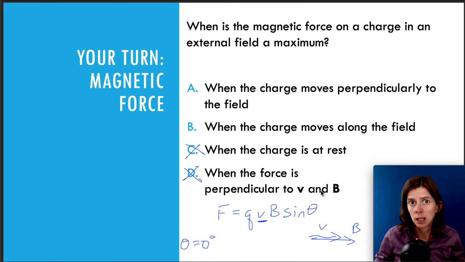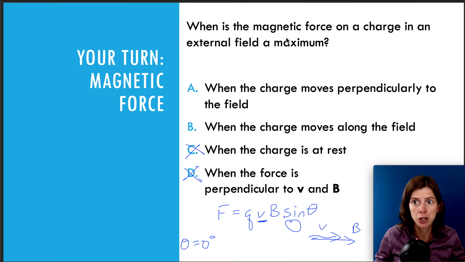What is sine of 0? Sine of 0 is 0. So if V is parallel to B, then this whole thing crosses out to 0 and there's no force. So in order for a charge to experience a force, it cannot move parallel to the field. It has to move at an angle to the field.